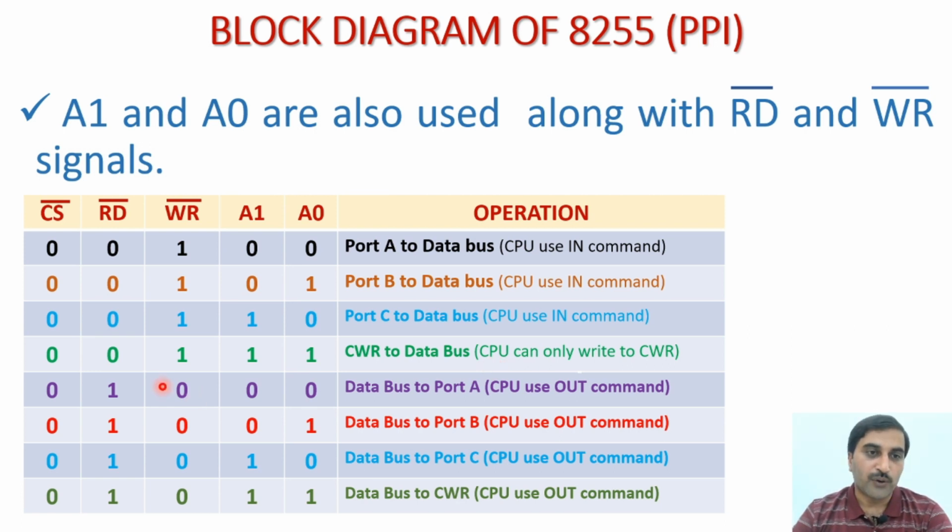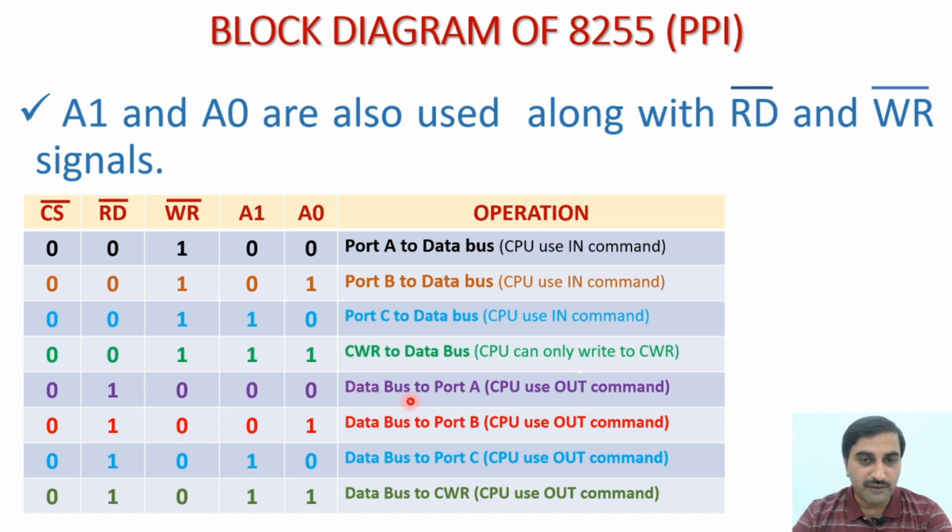Okay, now in the next case, that is the fifth case, the write signal is now active and the read signal is now disabled. So in this case the data which is transferred by the CPU will go to the ports accordingly through the data bus buffers, and when it is 00 then port A will be selected.